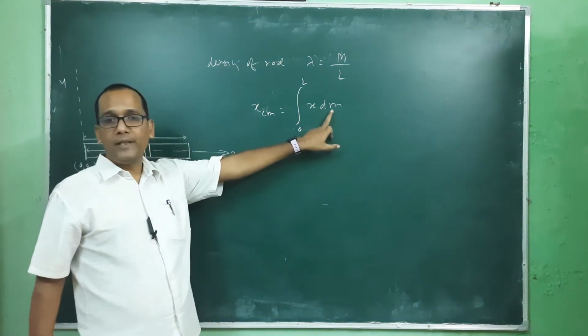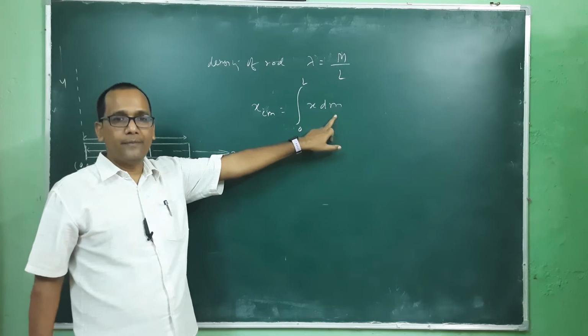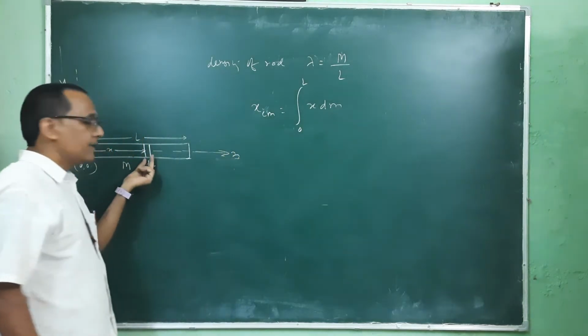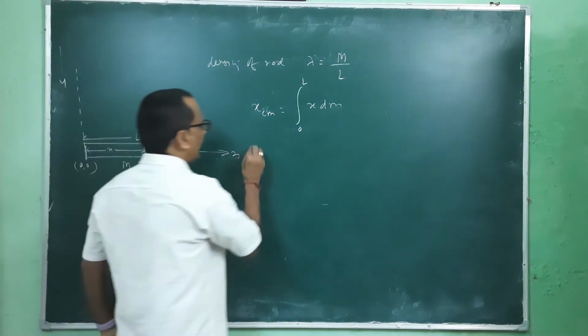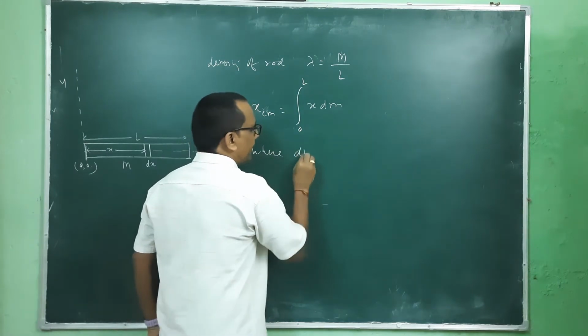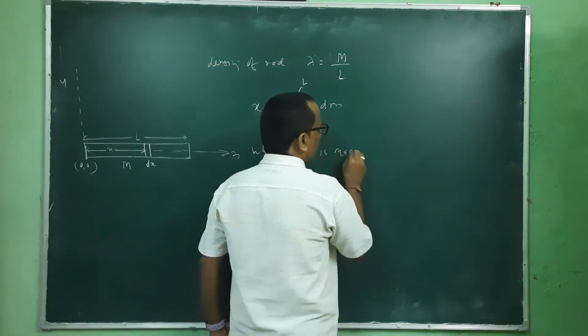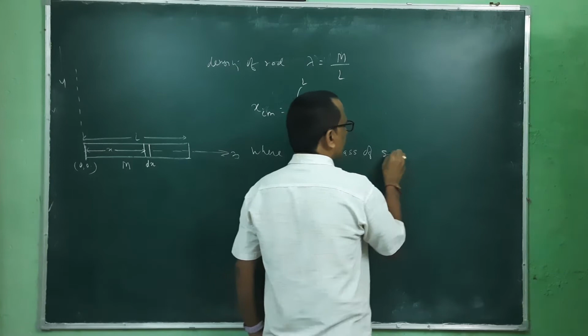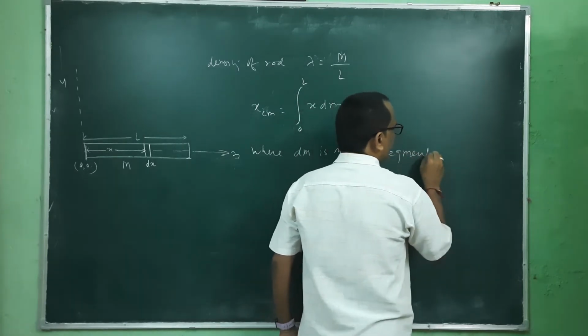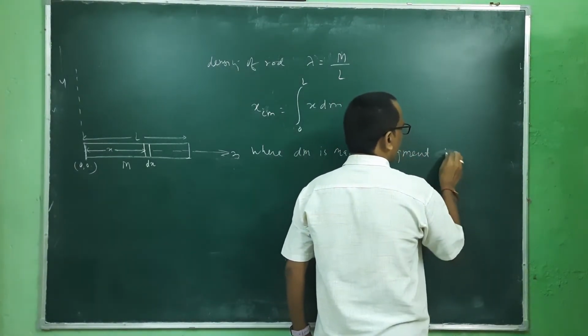What we have to calculate is this dm. Dm is the mass of this delta x part. So dm is the mass of the segment or the part dx, segment of thickness dx.